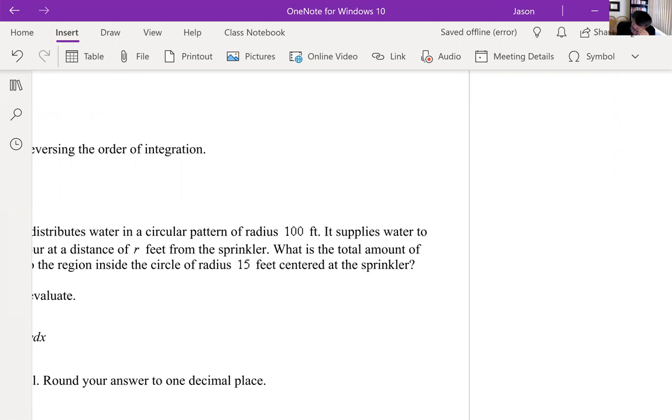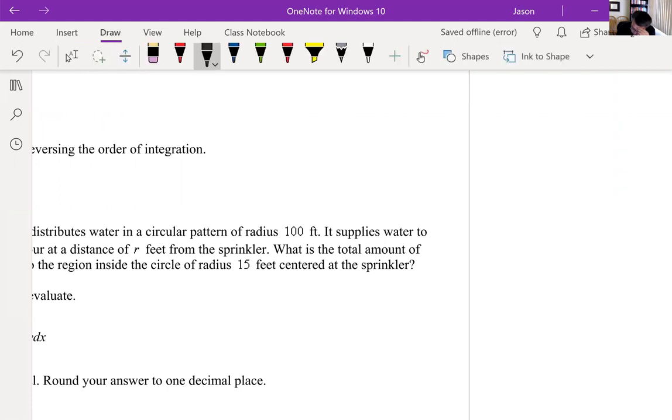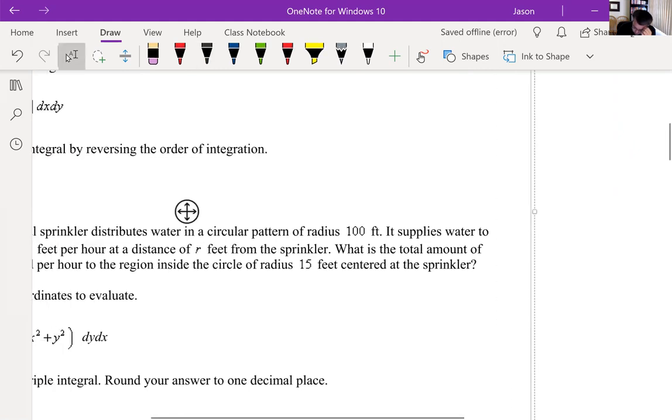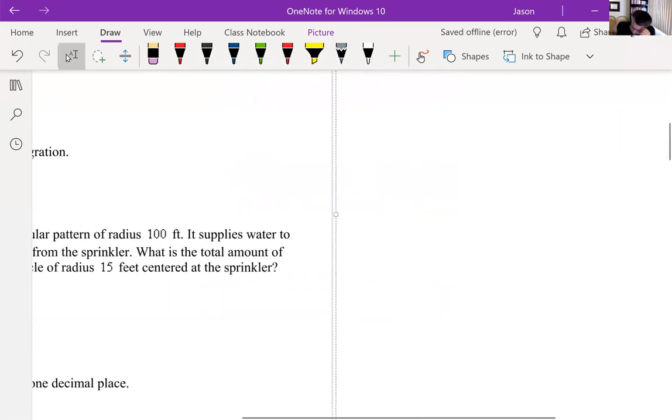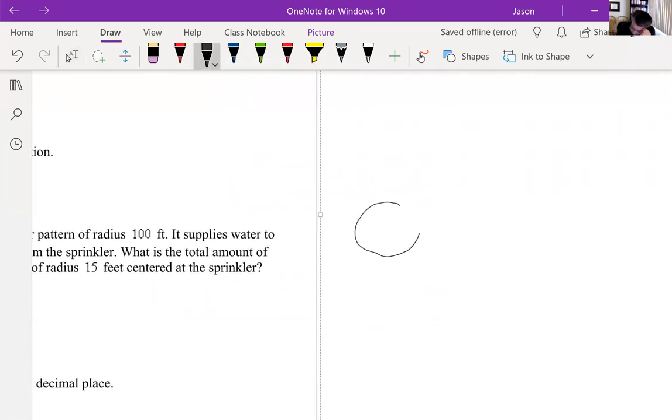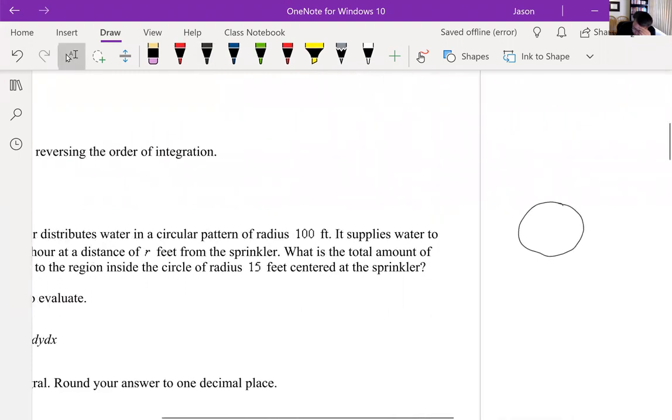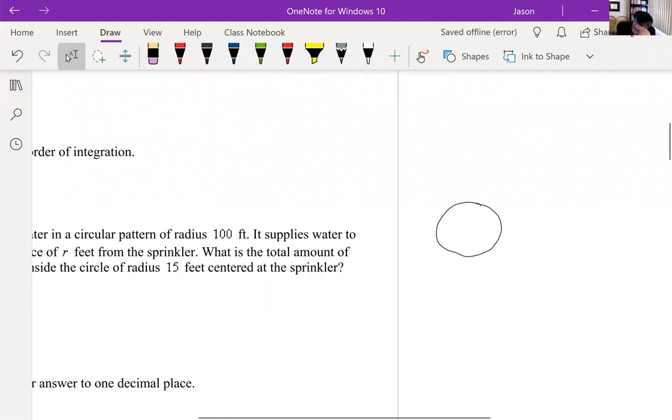So, water in a circular pattern of radius 100 feet. We've got this circular pattern, and it supplies water. I'm going to draw it like this.